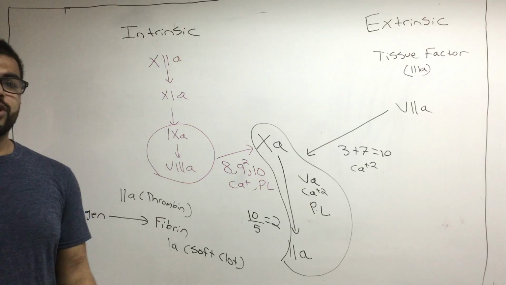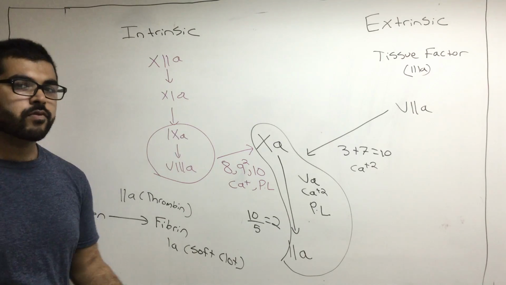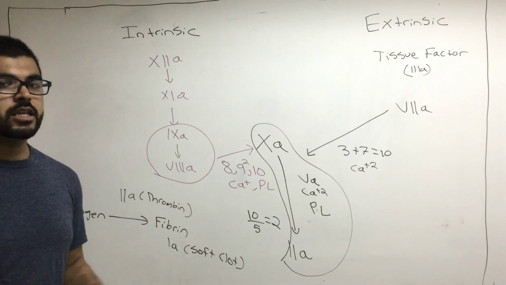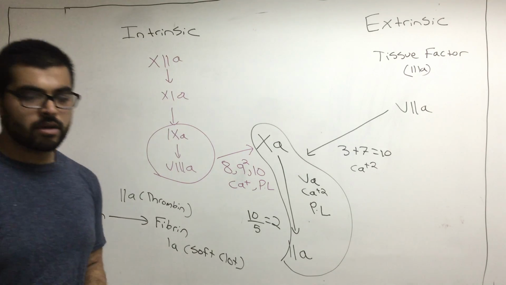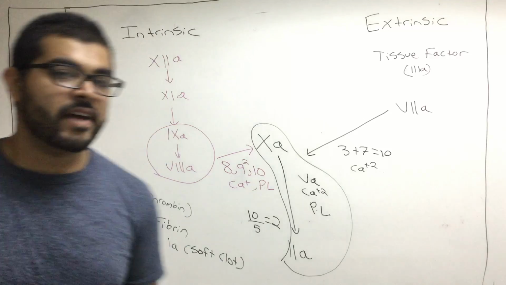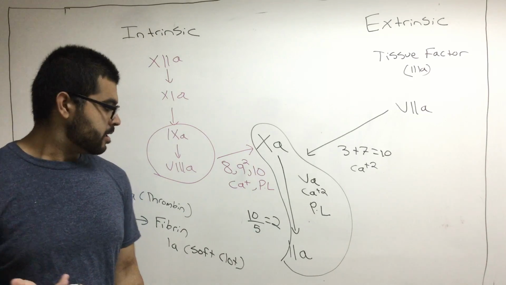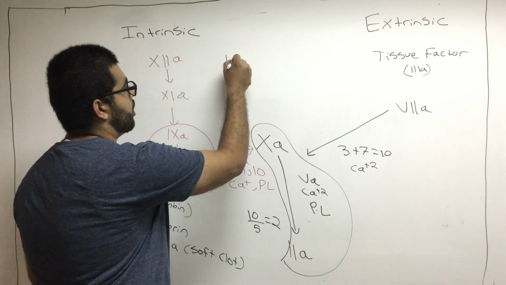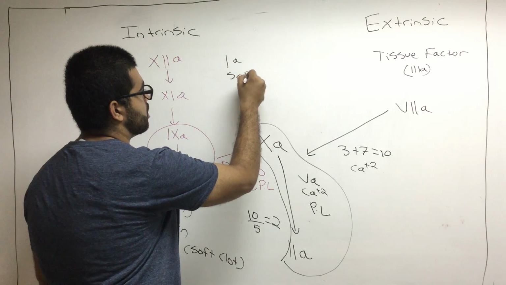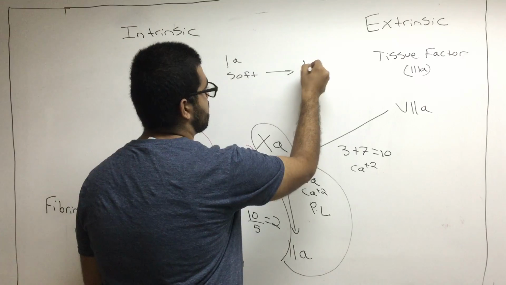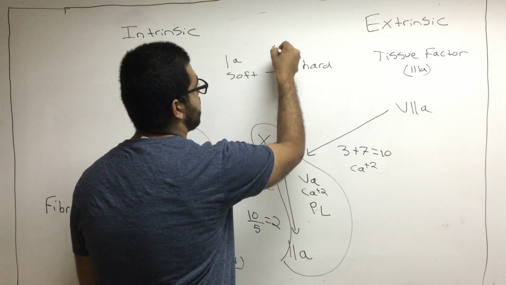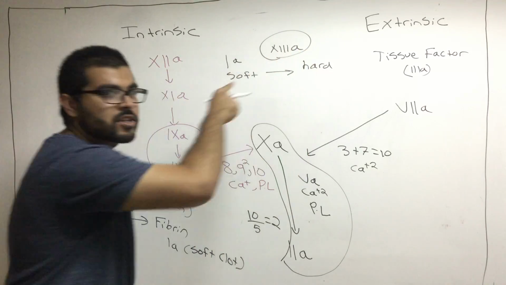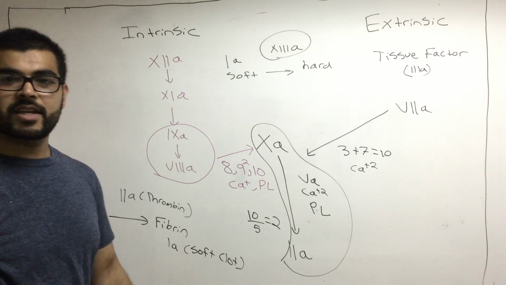So they might ask you a question, well, okay, once you have the soft clot formed, which factor is going to come in and make the soft clot into the hard clot? Well, that factor is going to be factor 13A. Okay, so to convert 1A soft into your hard, we need factor 13A. And what's so special about 13A? They might even ask you that.